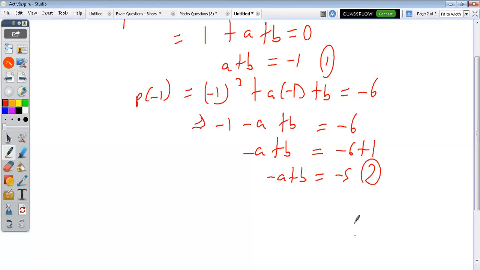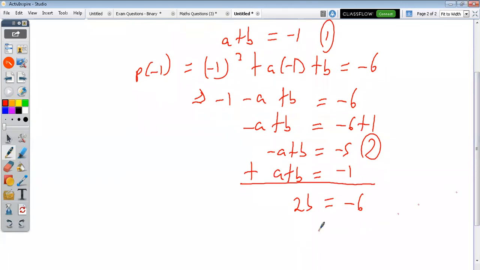Yes, sir. If we want, we can join the two equations together, or we can use substitution. It's up to you. We've got a plus b giving us negative 1, the first equation. Add the two equations. This gives you 0. This gives you 2b is equal to minus 6. Therefore, b is equal to negative 3.